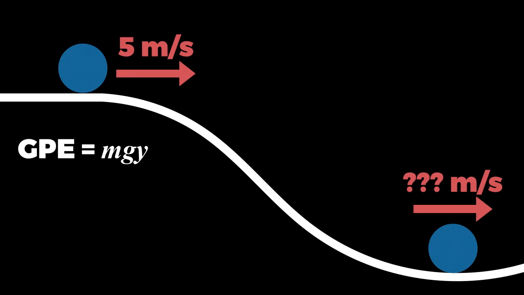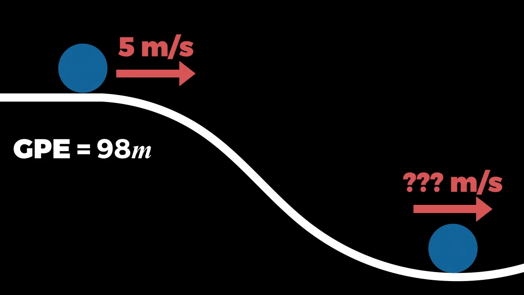But we do know the acceleration due to gravity is 9.8 meters per second squared, and we know that y, the height of the object, is 10 meters because the height of the hill is 10 meters. So the gravitational potential energy is equal to 98, which is 9.8 times 10, times whatever the mass of the object is. We'll call that m. So the gravitational potential energy is 98 m.